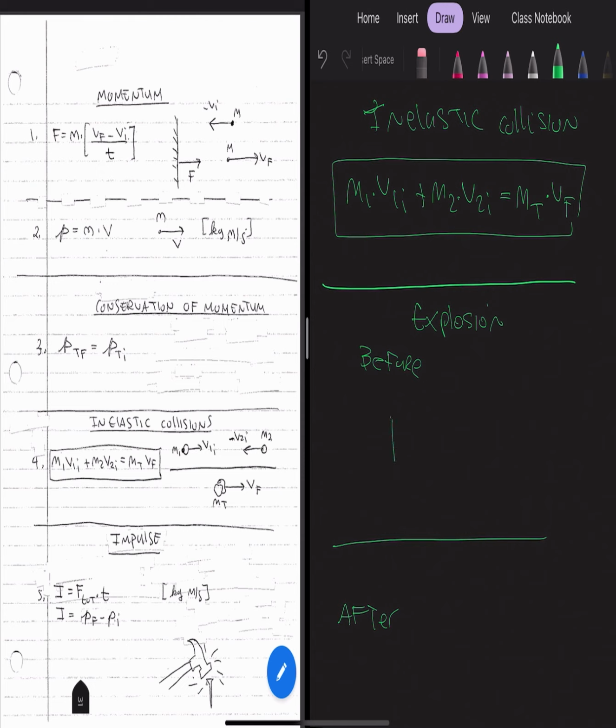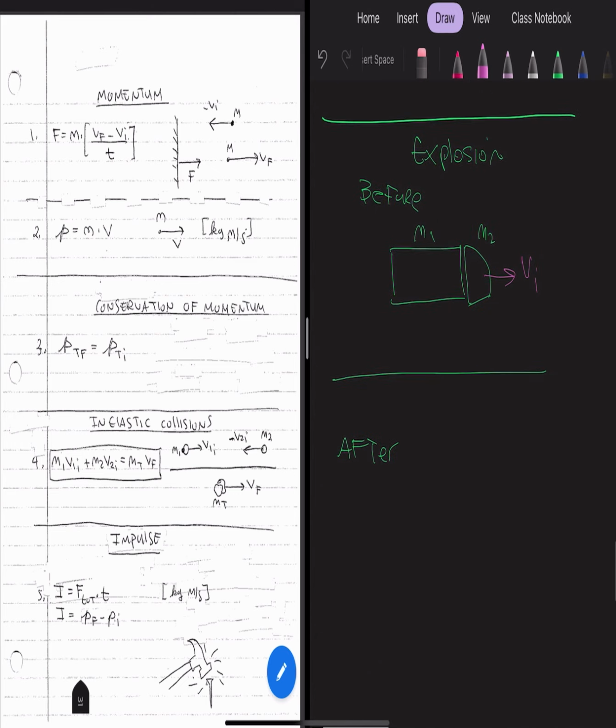Before the explosion, the whole thing is connected, but there are two masses. There's the big mass, I'll call mass 1 here, and then there's a little mass 2. Because they're both connected, they're moving with the same initial velocity. So v initial is the same for both objects.